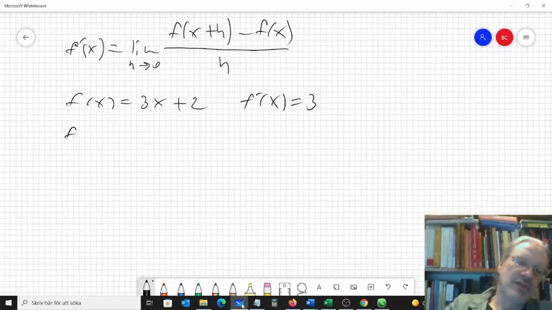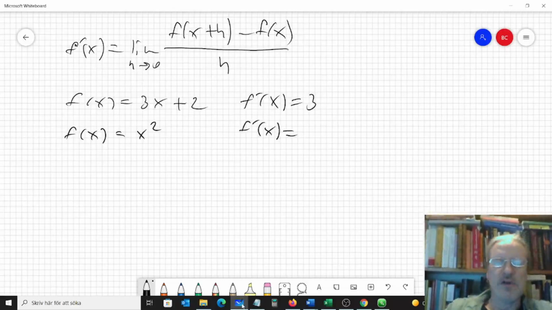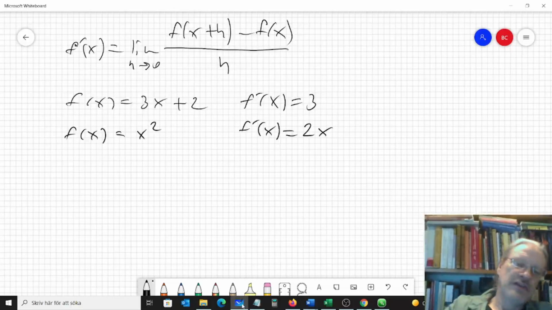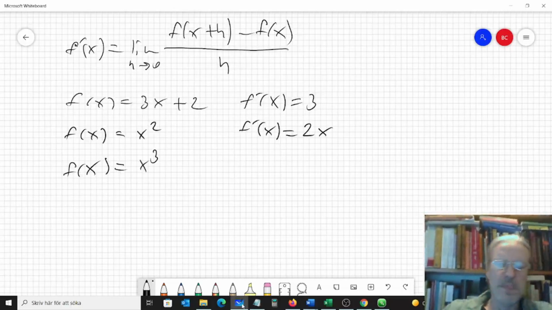And then we tried the function f of x equals x squared, and we found that f prime of x equals 2x. So let us have a look at a further example. Say f of x equals x to the power of 3.